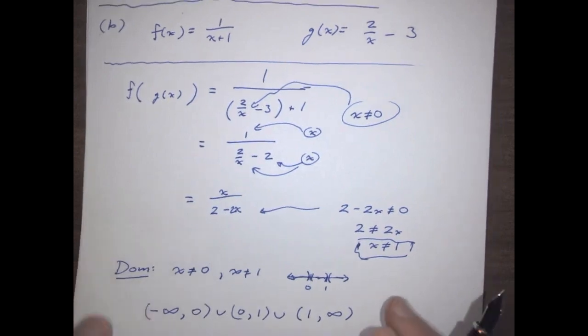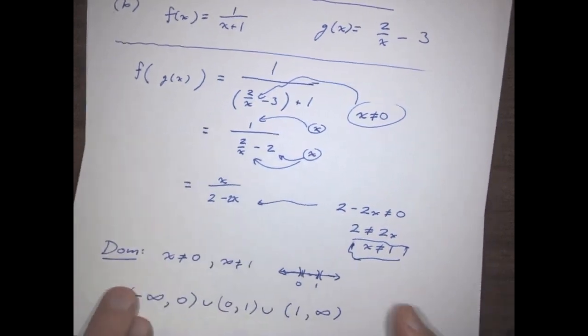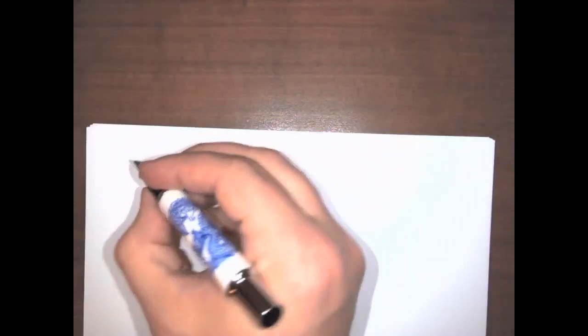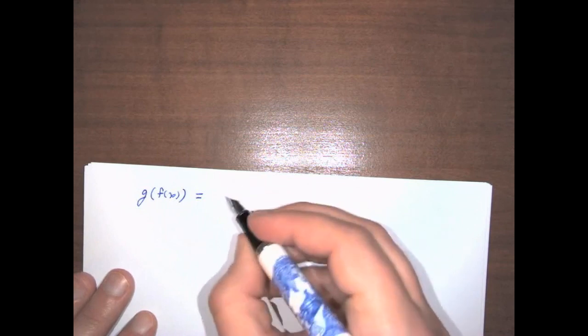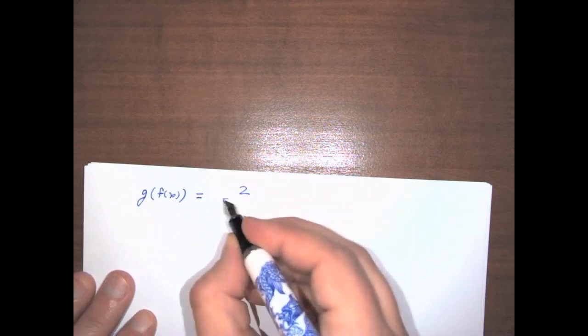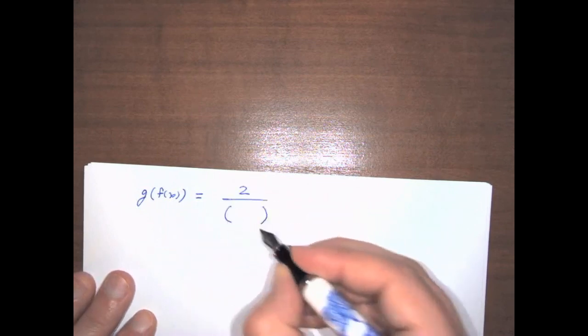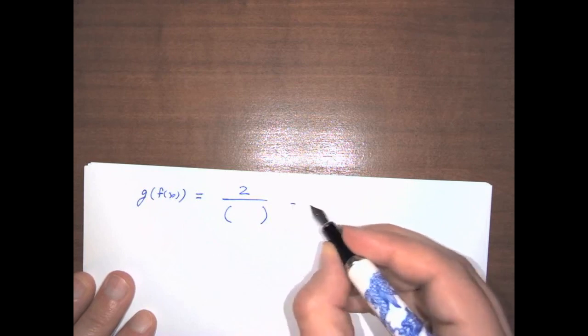Then the other half is if we do the g of f of x. So the other half is to go g of f of x, which again is a matter of taking the formula for g, and wherever there used to be an x, now we'll put the formula for f of x.